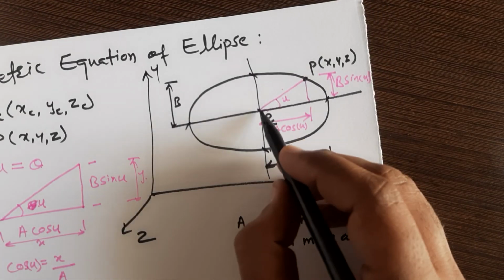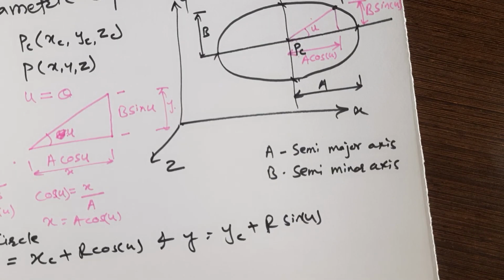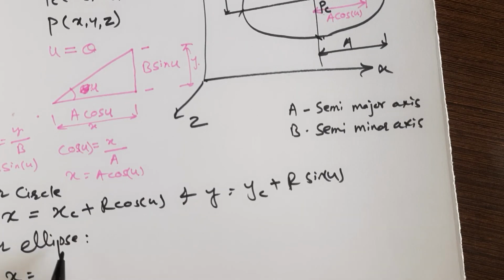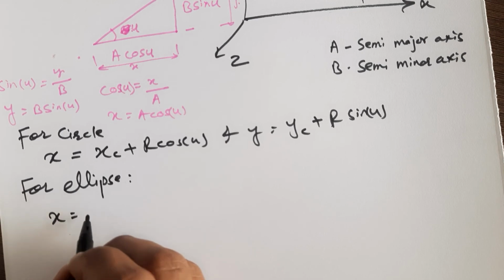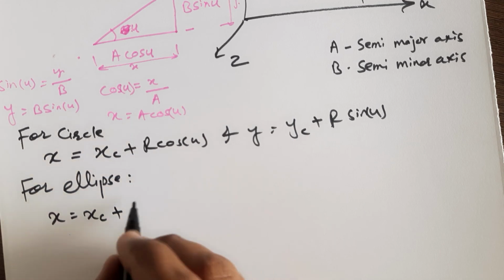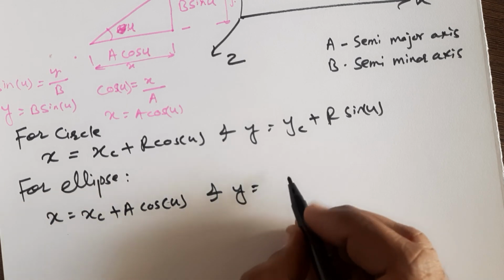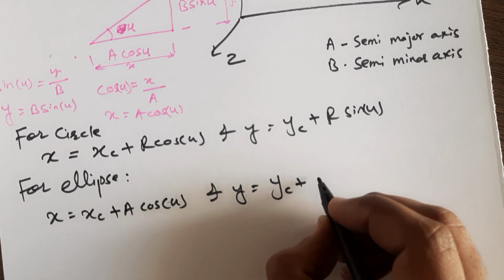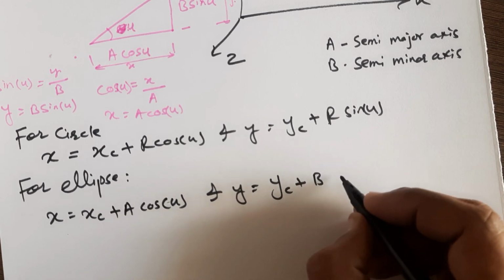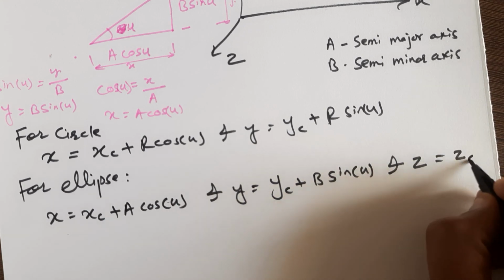But in the ellipse case the radius is reducing if you are increasing theta. So for ellipse the parametric equations will be x is equal to xc plus, now instead of r we are putting a, a cos of u, and y is equal to yc plus, now instead of radius r we are putting b, b sine of u, and z is equal to zc.